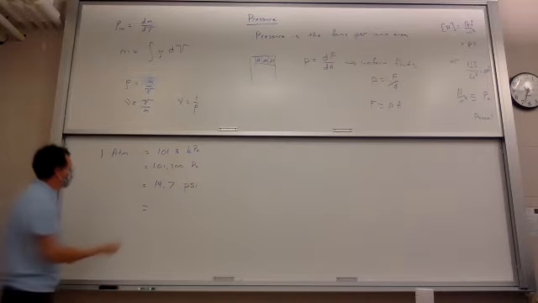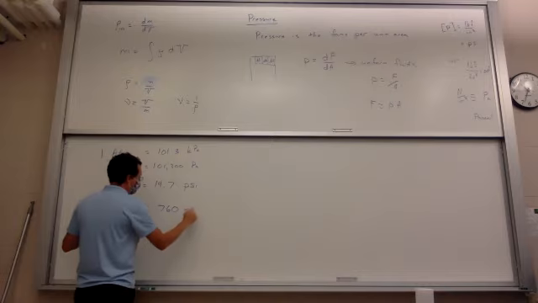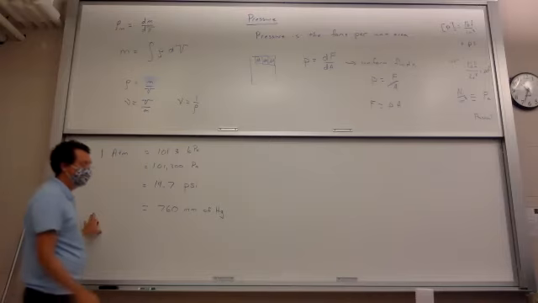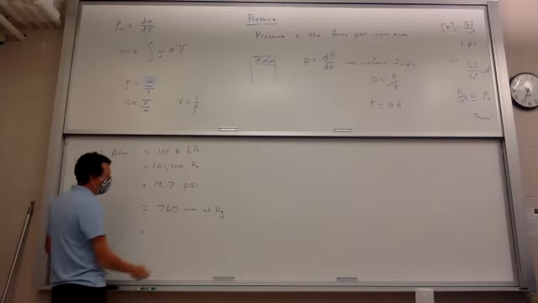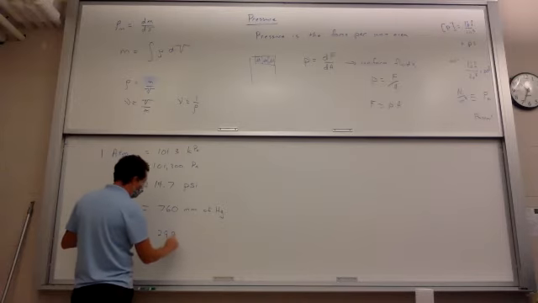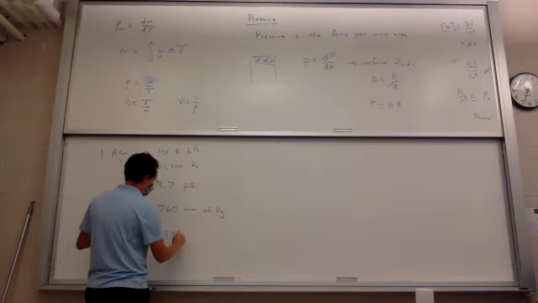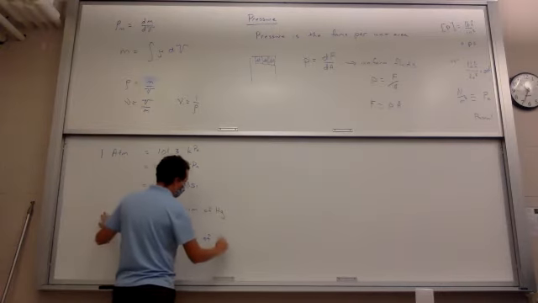So 1 atmosphere is 760 millimeters of mercury. And if you do millimeters, you can do inches, and that is 29.92 inches of mercury. Cool.